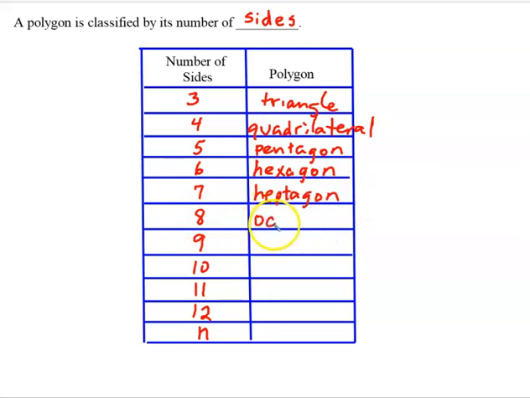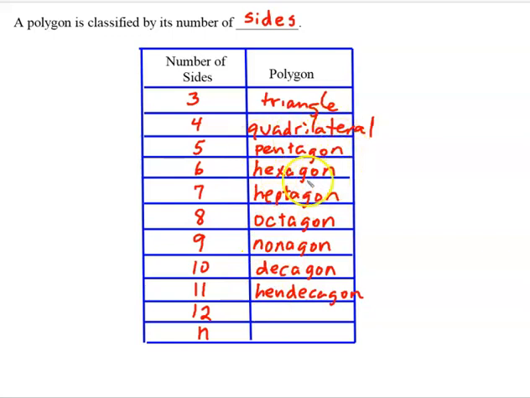Eight is octagon. Nine is a nonagon. Ten is a decagon. Eleven is a hendecagon. If you're interested, maybe you're kind of like me and you like the etymology of words.